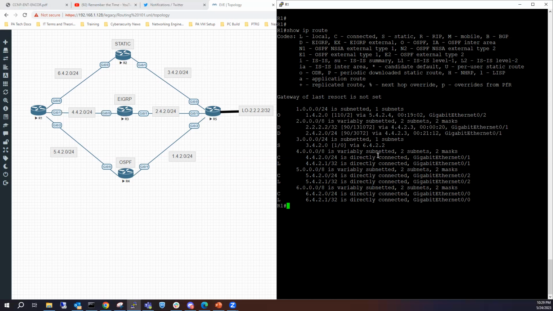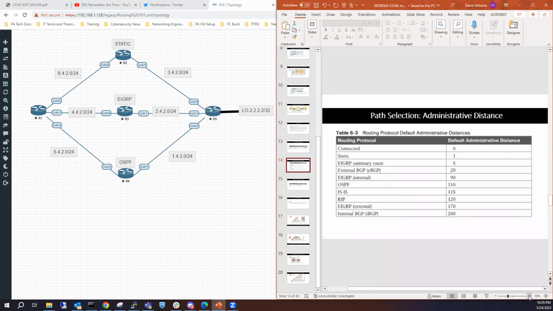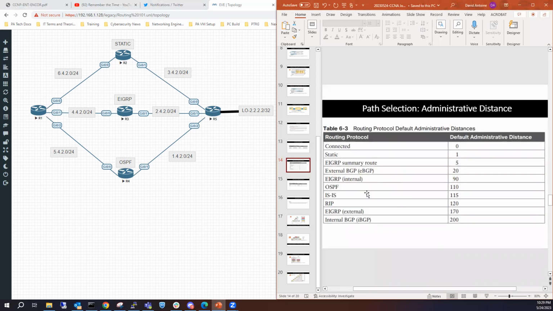Why did it choose EIGRP? Here's why. EIGRP has a lower administrative distance than OSPF. The prefix is the same, but EIGRP has a better AD.